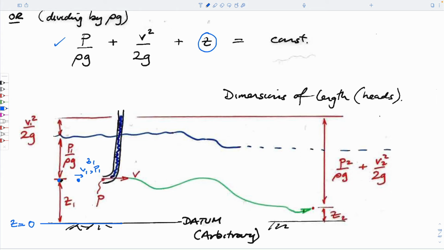And so z1 would be this elevation of the point. The pressure head acting at that point would be P1 divided by the unit weight, and it would be equal to this length here. And the velocity squared head term, this one here, would be equal to this elevation.